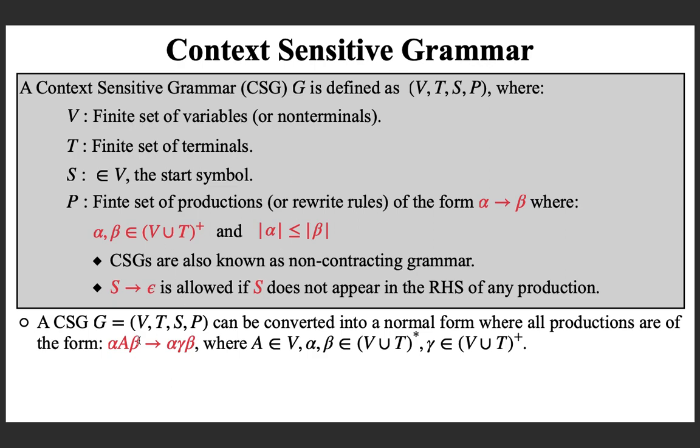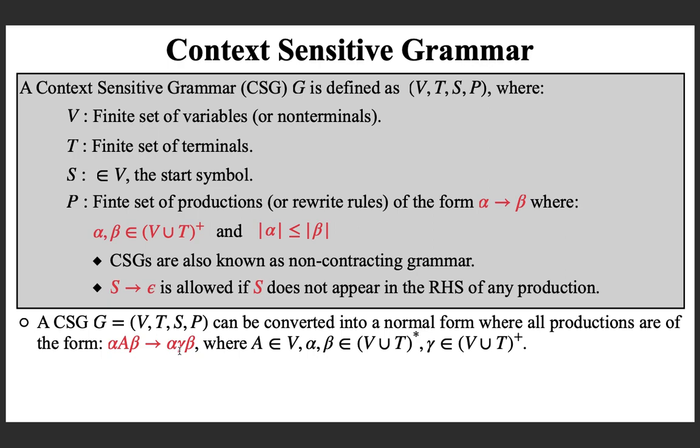So, whatever be the context sensitive grammar, you can transform the productions in the grammar into this form, where A is a variable, alpha and beta are strings over variables and terminals, and gamma is a non-empty string over variables and terminals, where gamma cannot be empty.